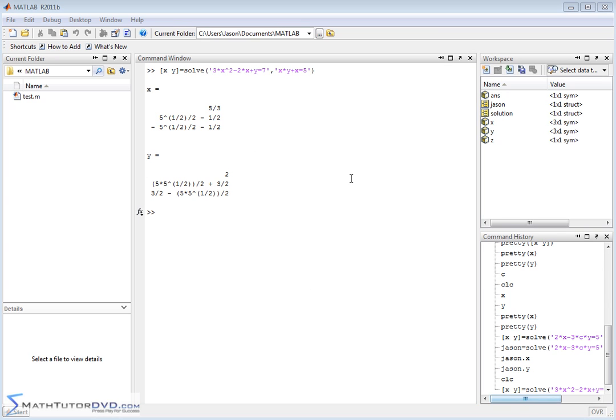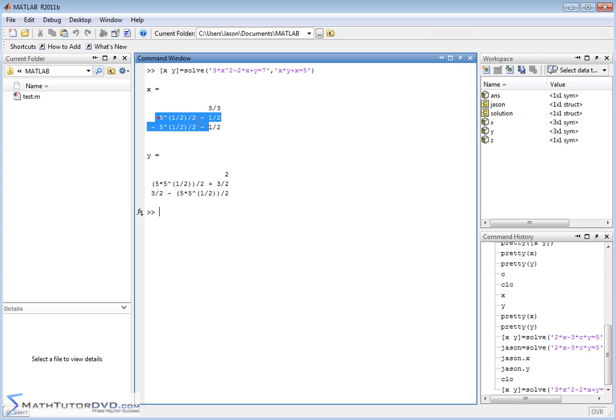And what this is really telling you, notice we haven't really seen a solution quite like this. x has 3 elements, 5/3, and then we have this one, and then we have this one, and y has also 3 elements. What this is telling you is there are really multiple solutions for x and y. And the reason there are multiple solutions is because this is really a higher order, or nonlinear, system of equations.